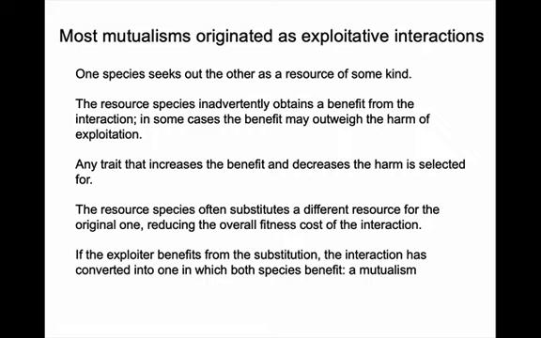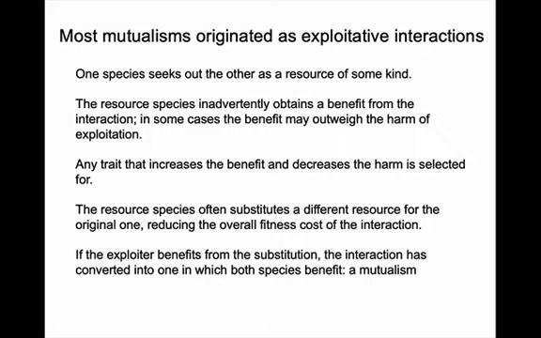Typically what happens in these mutualisms is that the original resource that was being exploited gets substituted for. So if insects were originally eating pollen, the plant provides nectar, which is a really important thing because it's fuel for flight.